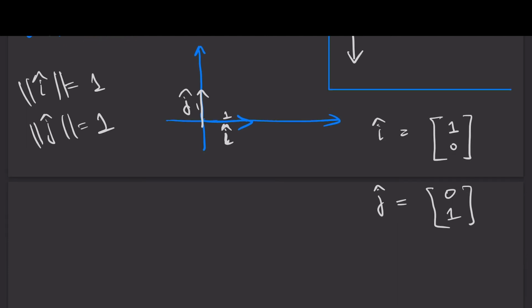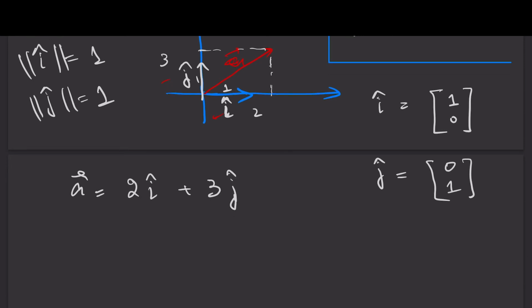Now, if we have any vector, we can write it as a linear combination of these unit vectors. For example, let's say this vector has an x component of 2 and a y component of 3. We can write 2 of I cap plus 3 of j cap.